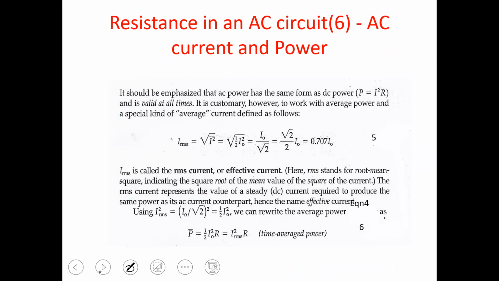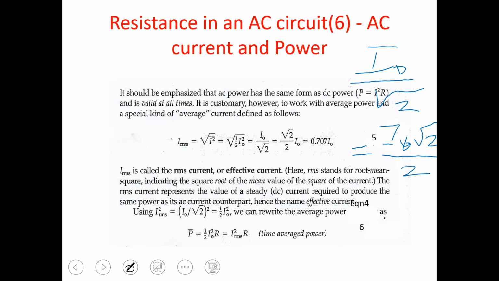Some people that like to play with mathematics will say it's the same thing: multiply the numerator and denominator by root 2, and we have I naught root 2 divided by 2. So it's still the same thing, just playing with figures.